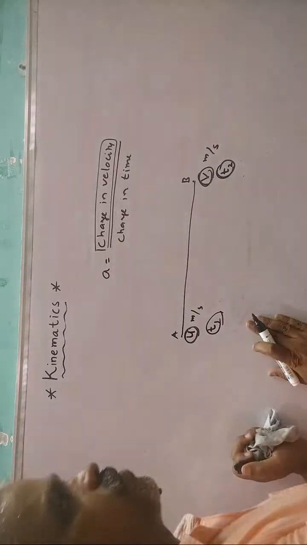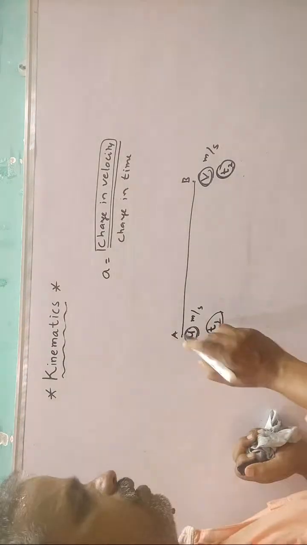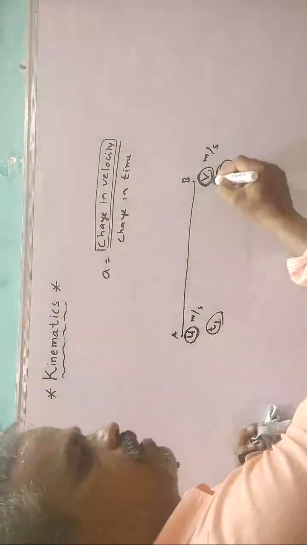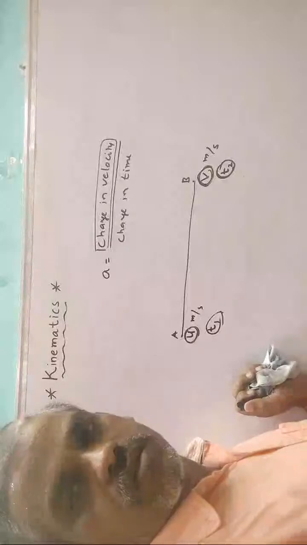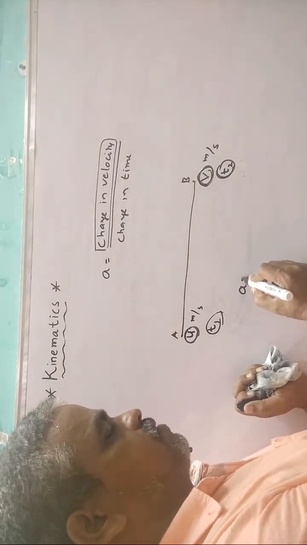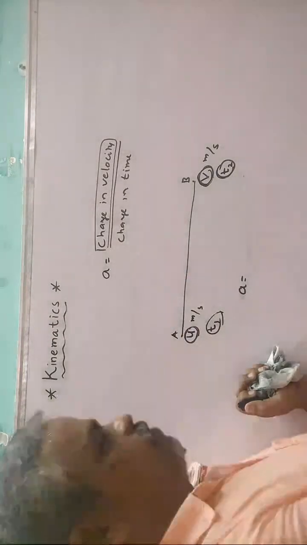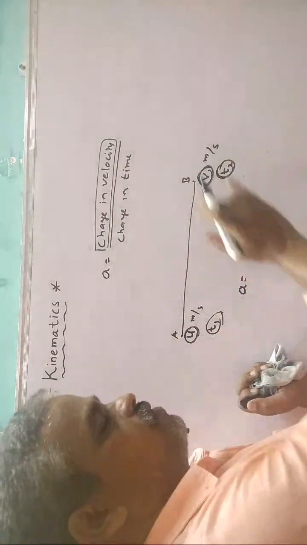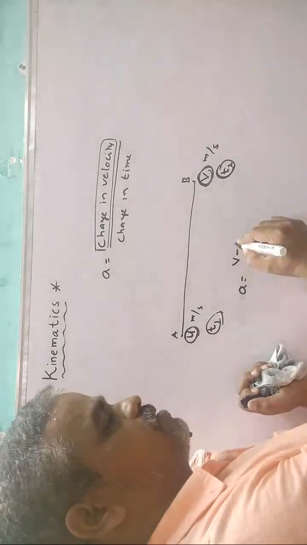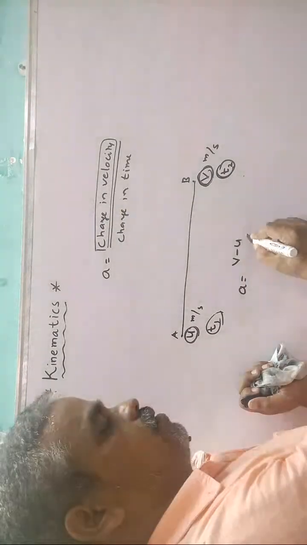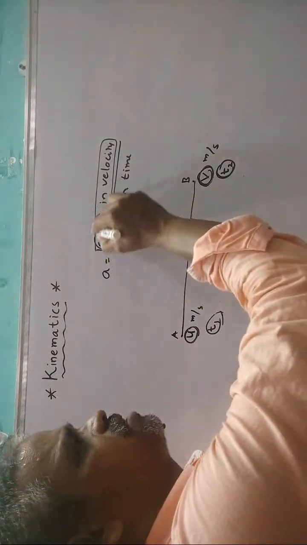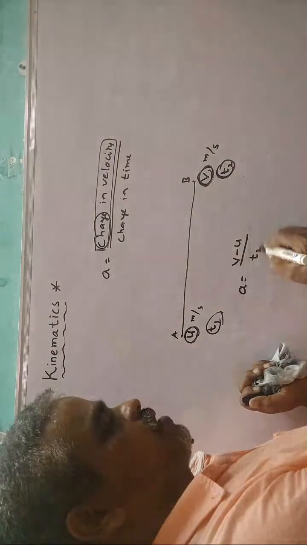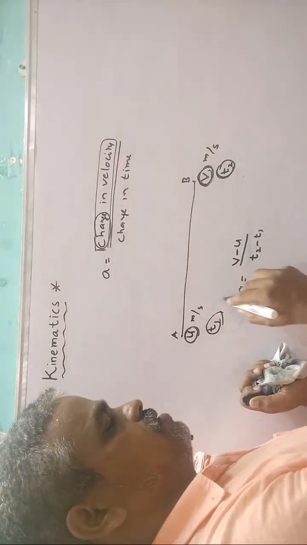You just draw this one. First you draw point A, point B, started with u velocity and reached with v velocity. So the acceleration for this motion: change in velocity, final v minus u, because change means difference. Final time T2 minus T1. This is the acceleration formula.